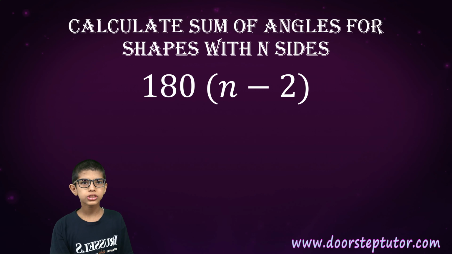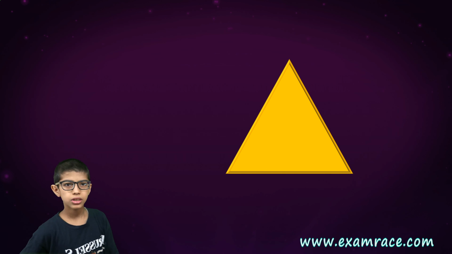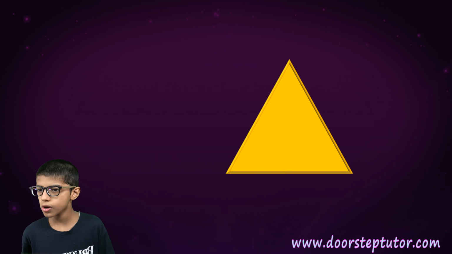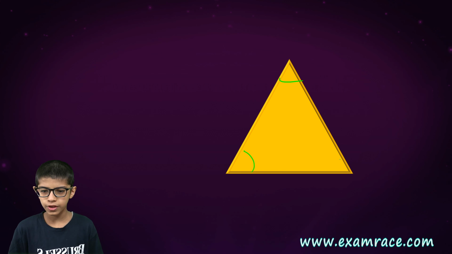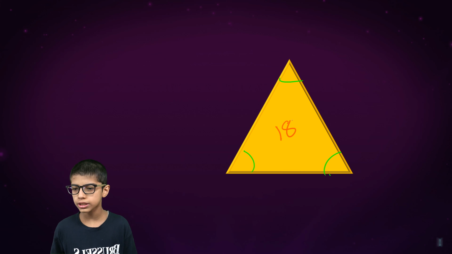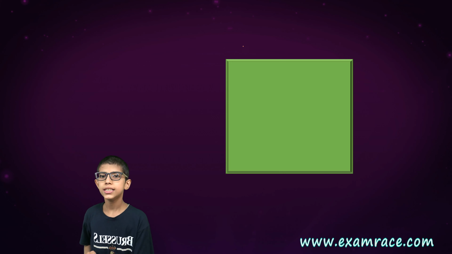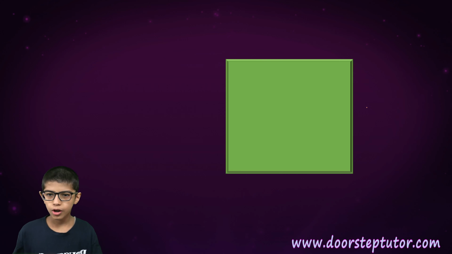So let's solve some of the questions on this basis. So here I have a triangle. Now I want to find the sum of the interior angles of this triangle. We already know that the sum is 180. We solved it just now. Now, here a square.